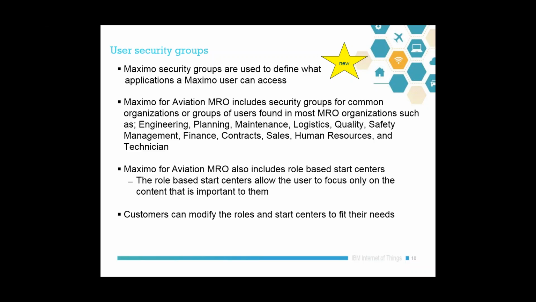What we're really looking at is how, out of the box, you can have predefined roles and security groups and provide users the information they need and not a lot of other information that they don't need. These are completely configurable by the end customer, but a lot of work went in with our design partners to come up with a good base starting point for security groups and associated user interfaces.